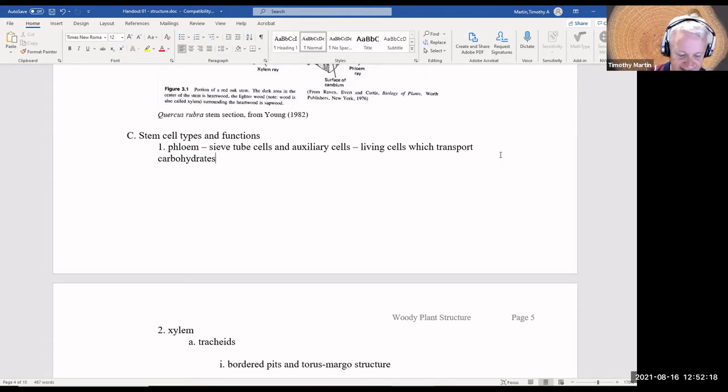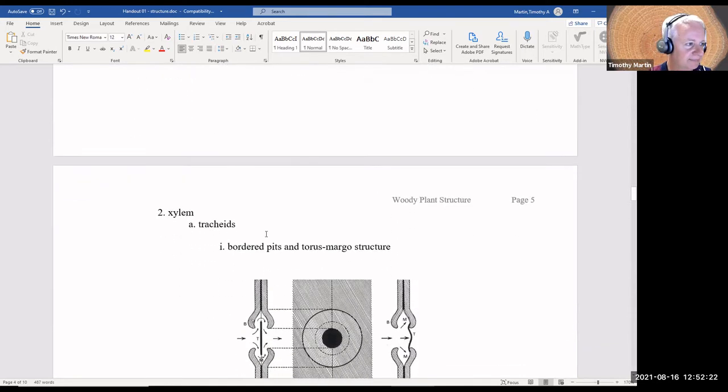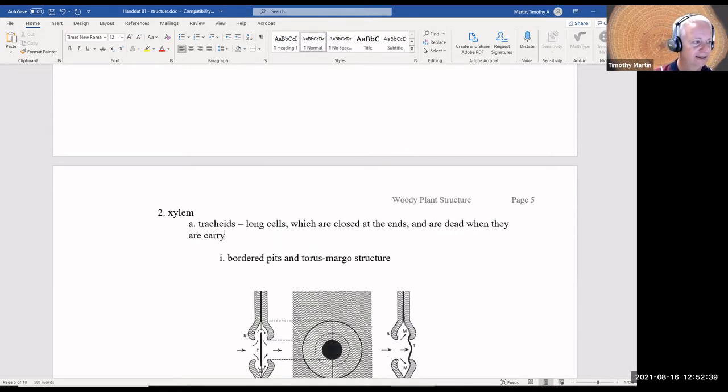In contrast, tracheids are long cells which are closed at the ends and are dead when they are carrying out their primary function of water transport.